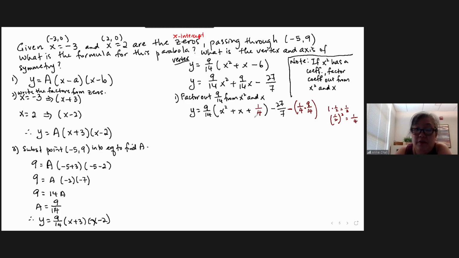Then I just found my perfect square, which is y equals 9/14 (x plus 1/2) squared, minus 27/7. This is going to be so ugly. 9/14 times 1/4 is 9/56.